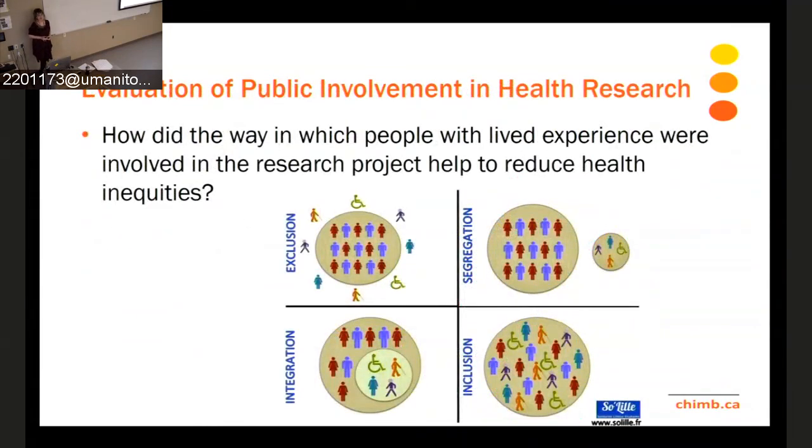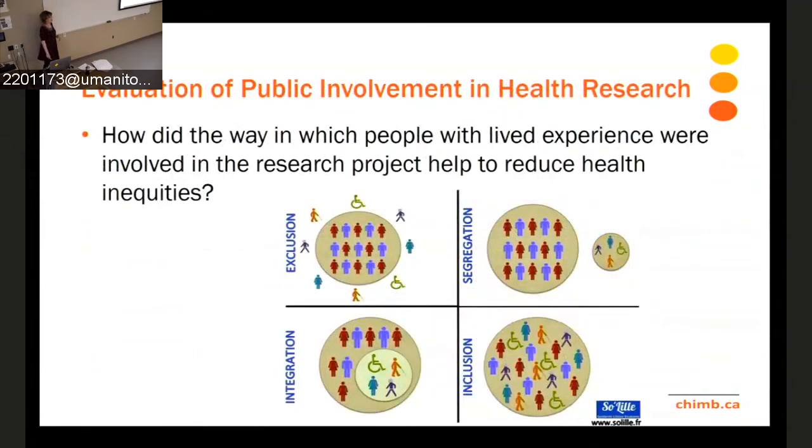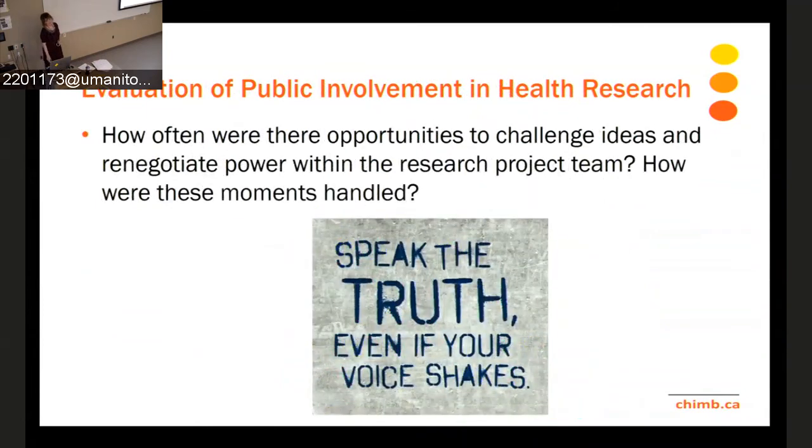How did the way in which people with lived experience were involved, so we're getting into evaluation. At the end, when we want to evaluate our research project, how did the way in which people with lived experience were involved in the research project help to reduce conflict? How often were there actual opportunities to challenge ideas, renegotiate power within the research project?